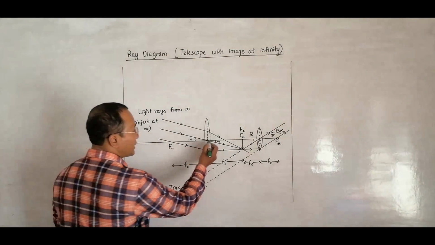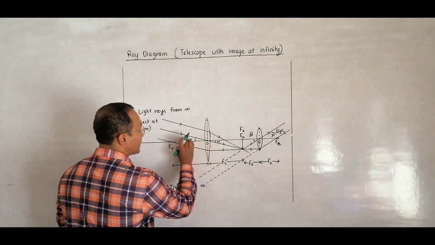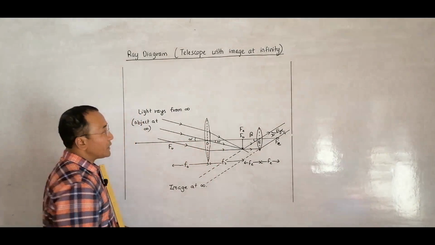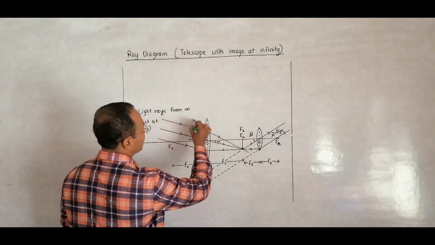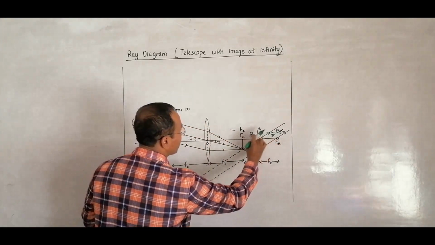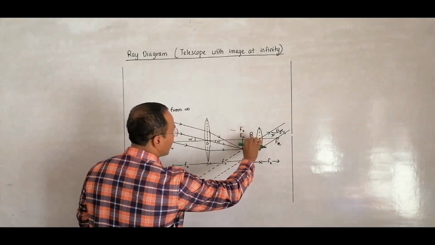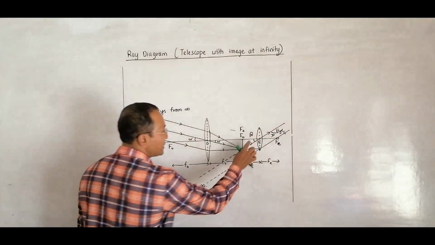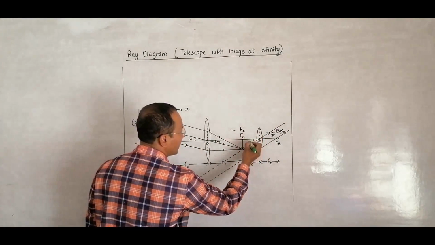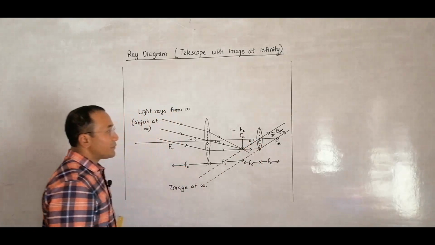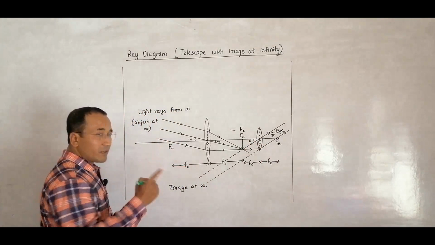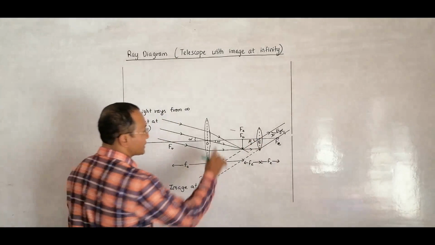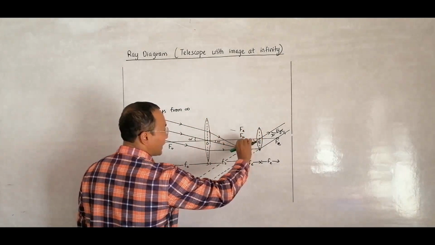Had I placed my eyes over here, the visual angle would have been alpha. Or had I placed the light rays coming like this, and looked from here, the visual angle would be alpha, same as this, alpha. But now the visual angle is beta. Let me write beta here. And as you can compare, this beta should be larger than alpha. You can see in the diagram, the height is the same.